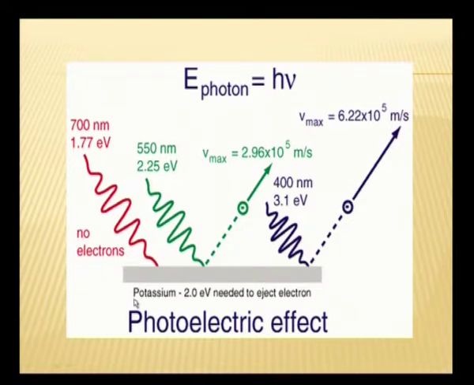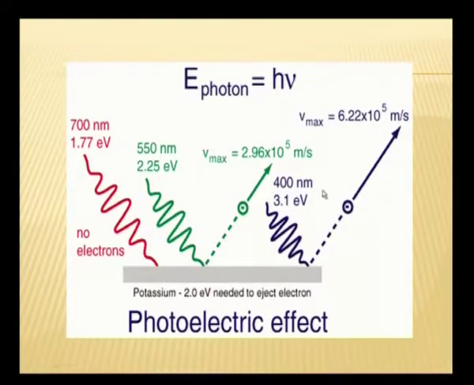Now, for a metal like potassium, which requires 2 electron volt for the electron to be ejected out, you should supply this much energy, 2 electron volt, to extricate the electron. Okay. So, this 4000 angstrom unit corresponds to 3.1 electron volt.